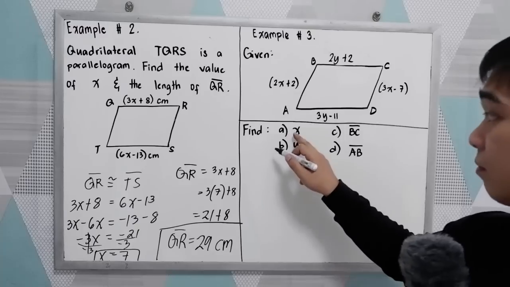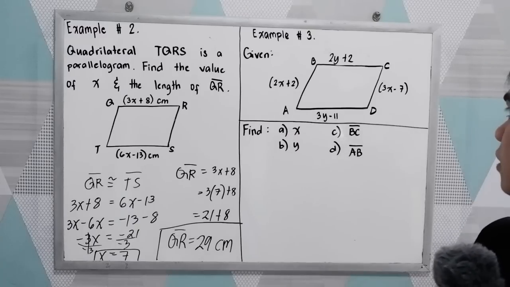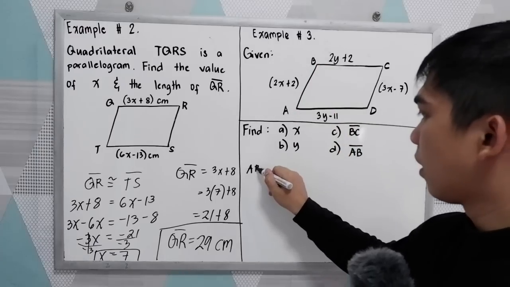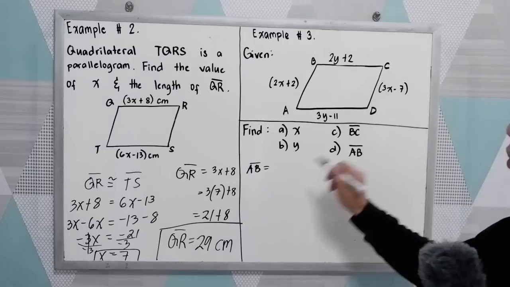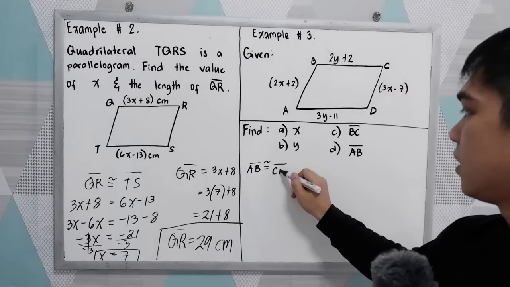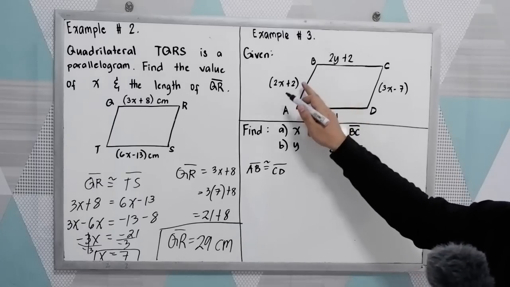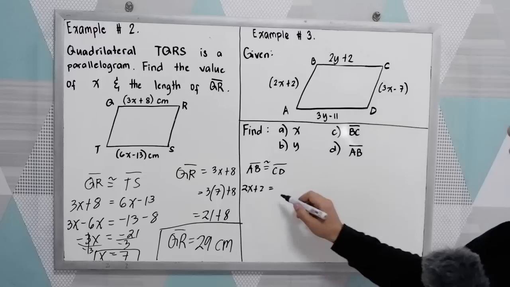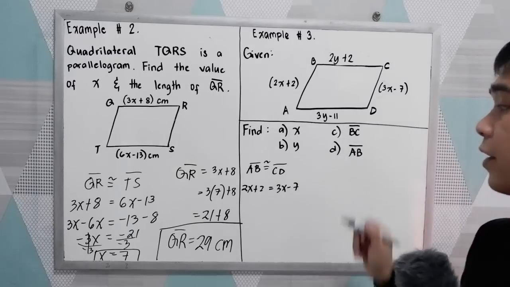Now let's start with x. So we know that opposite sides are equal, so we can say that AB is equal to or congruent to CD. Then substitute the given. 2x plus 2 is equal to 3x minus 7.